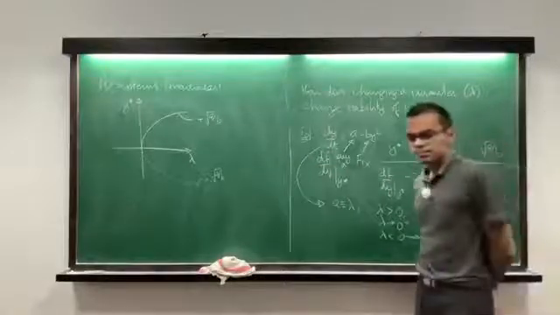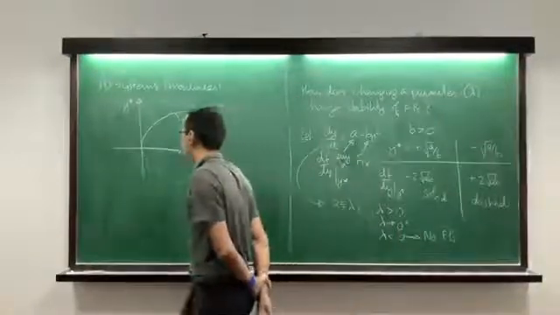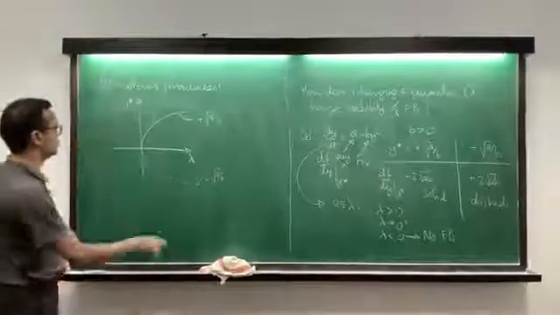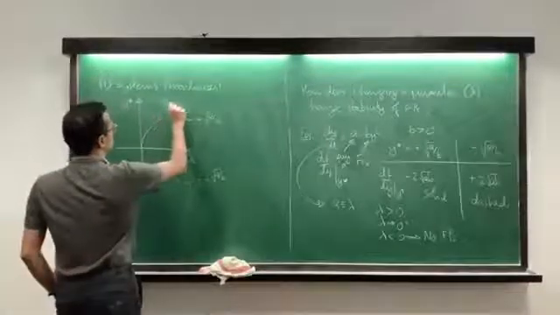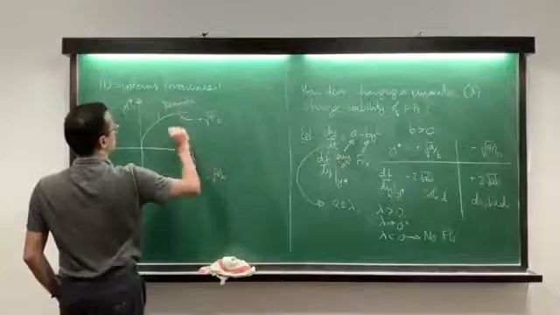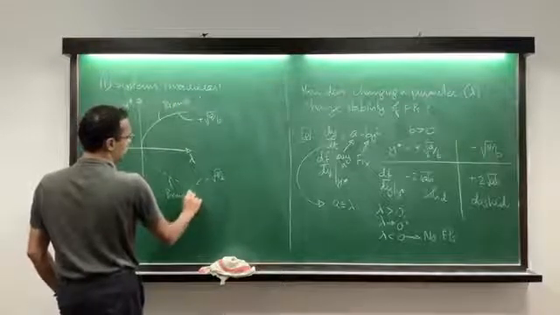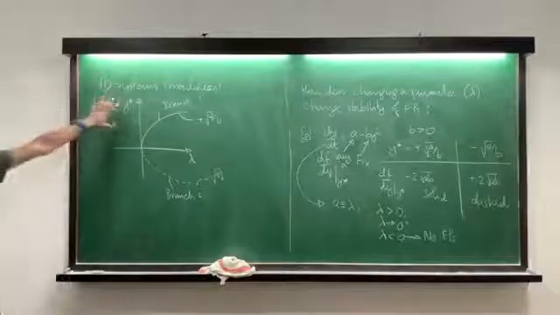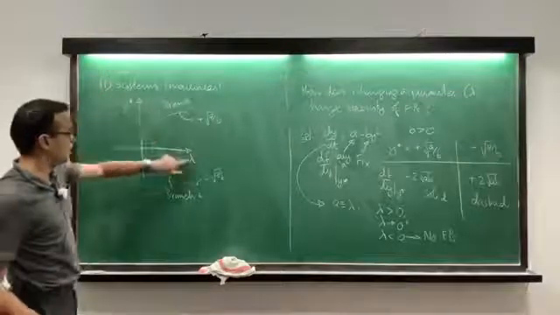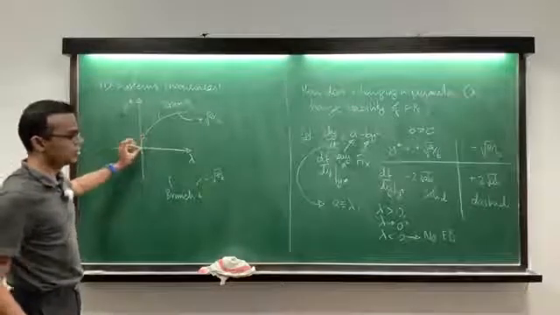You now have two branches, branch 1 and branch 2, of y star which come together as you lower lambda, and the moment lambda equals 0, they merge.